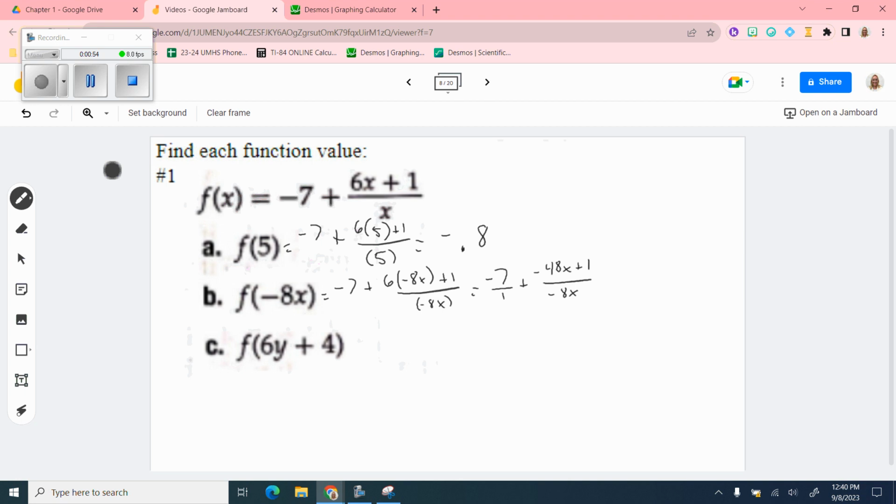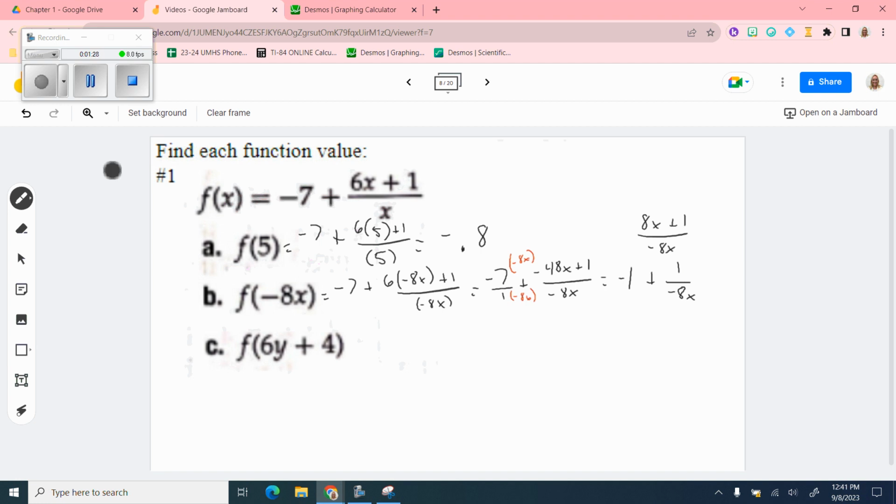And then in order to add these fractions, you would need to multiply by negative 8x over here and negative 8x over here. And when you do that, it does end up simplifying to negative 1 plus 1 over negative 8x with that one. If you left it as 8x plus 1 over negative 8x, that's totally fine as well.